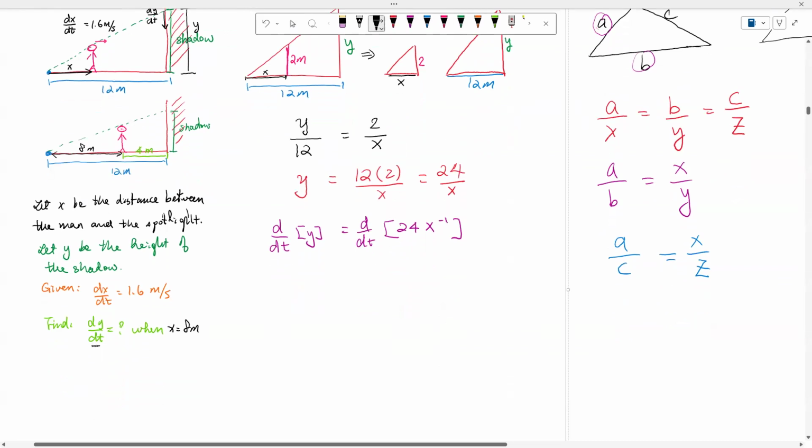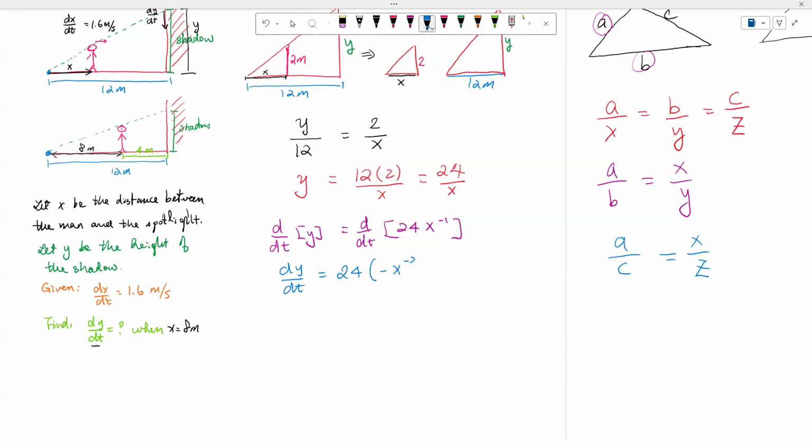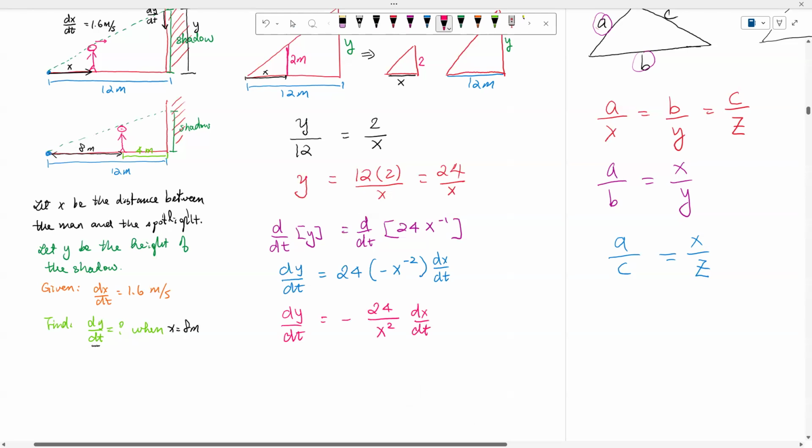So now I will have dy/dt is equal to 24 multiplied by negative x to the negative 2, dx/dt. So dy/dt is equal to negative 24 over x squared, dx/dt.